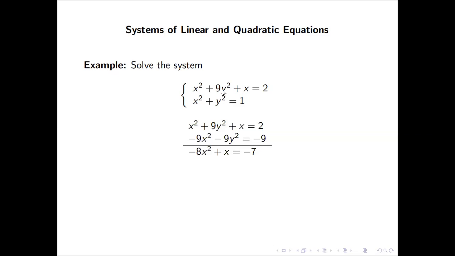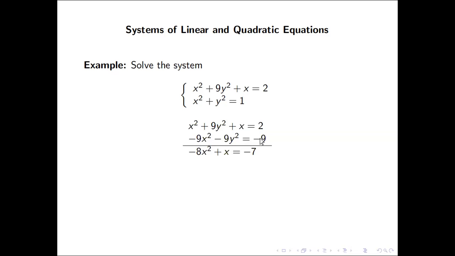If you observe the coefficients of y squared, you know that you have to multiply the second equation by 9 and then subtract, or equivalently multiply the second equation by -9 and then add. So we multiply this equation by -9. This is what we will have: -9x squared minus 9y squared equals -9.